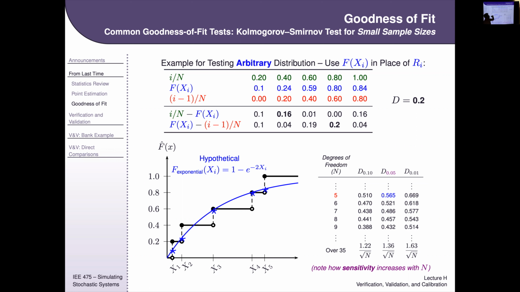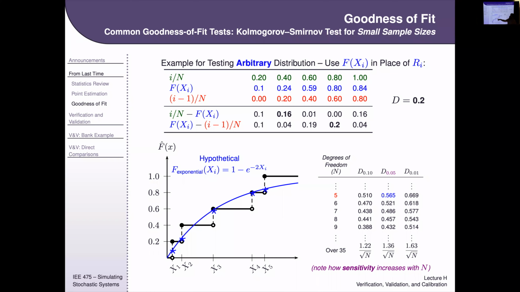So if this has a good fit, then after I map the data through the CDF, I should get a set of uniformly distributed numbers coming out of the CDF. If I don't, then the KS test will detect that difference.